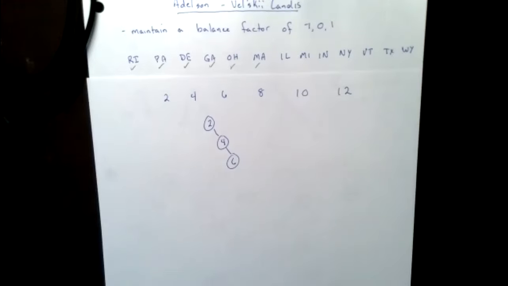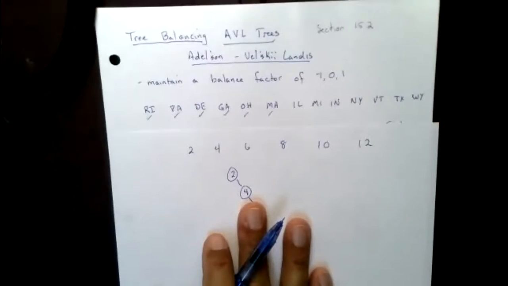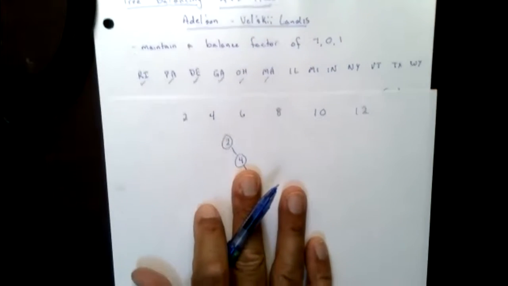Okay. But these two guys, Adelson-Velsky and Landis, got together and said, well, wait a minute. If I look at that tree, 2, 4, 6, I know another tree that could be a substitute for that and would be more efficient to search.